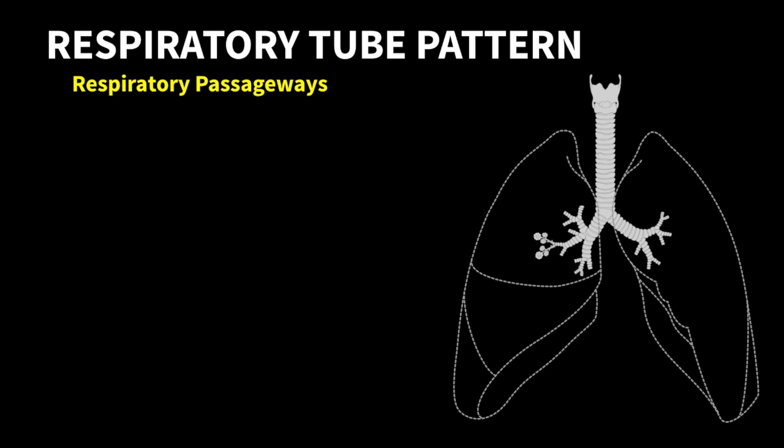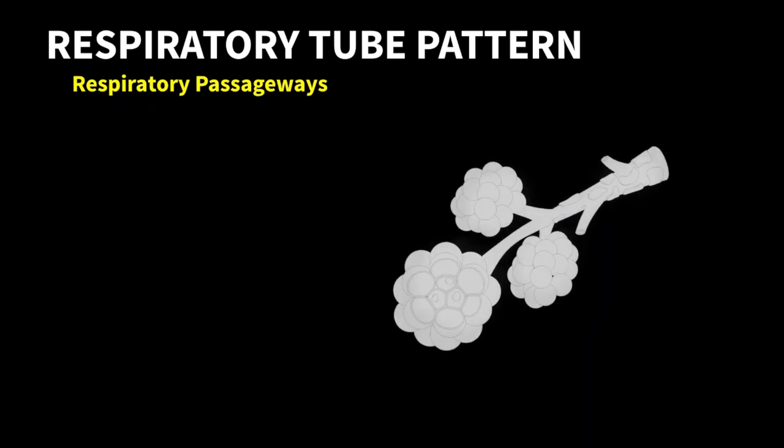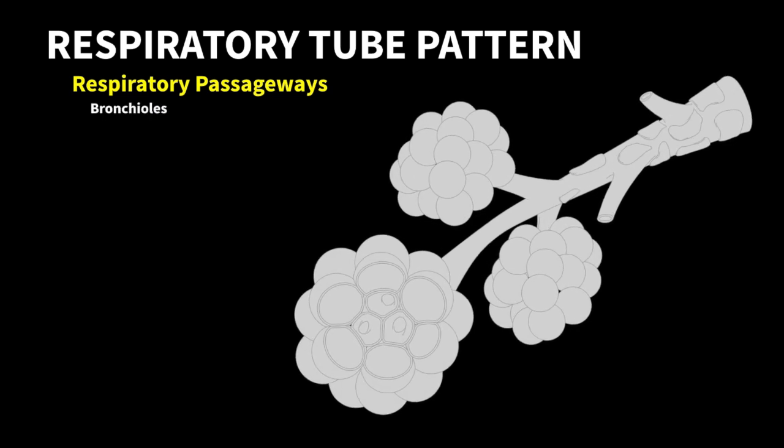This series of air passageways includes the larynx, trachea, main or principal bronchi, lobar bronchi, segmental bronchi, bronchioles, alveolar ducts, alveolar saccules, and the small terminal pulmonary alveoli.